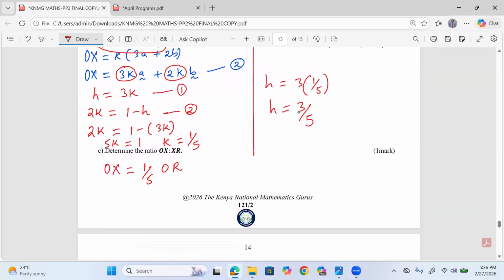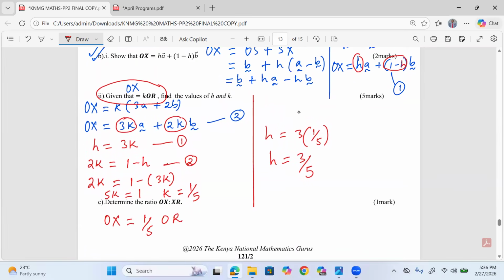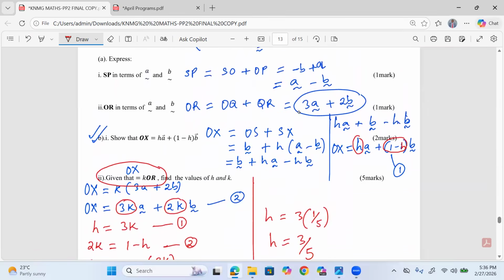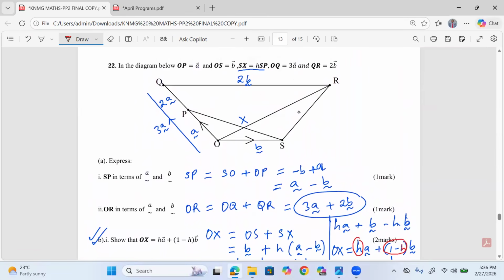Therefore, there is something here that we are supposed to understand. OX equals 1 over 5 of OR. OR is the whole length. So a fifth, 1 out of 5 proportions of OR.